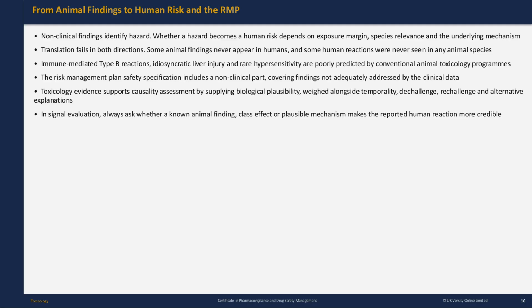Immune-mediated type B reactions, idiosyncratic liver injury, and rare hypersensitivity are poorly predicted by conventional animal toxicology programs. The Risk Management Plan safety specification includes a non-clinical part, covering findings not adequately addressed by the clinical data.